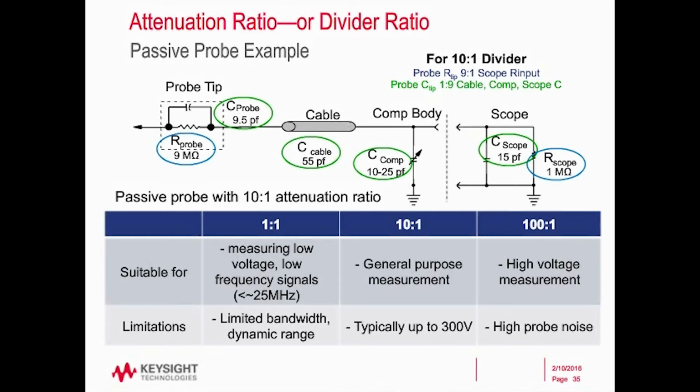And for something like a passive probe, you look at things up to 300 volts usually. Then when you go out to the higher attenuation ratios like 100 to 1 and on up, those are reserved exclusively for high voltage measurements. And the reason is, and this is kind of important, as we increase attenuation, so do we increase noise.